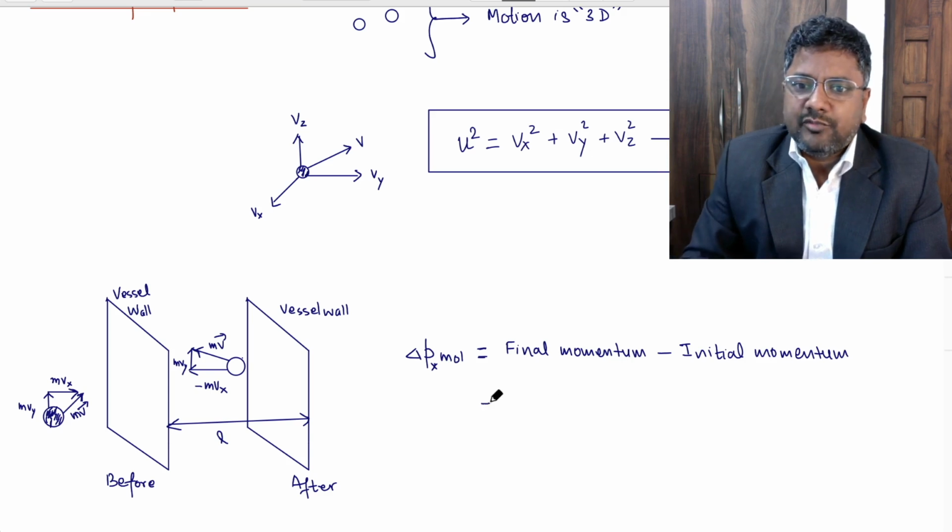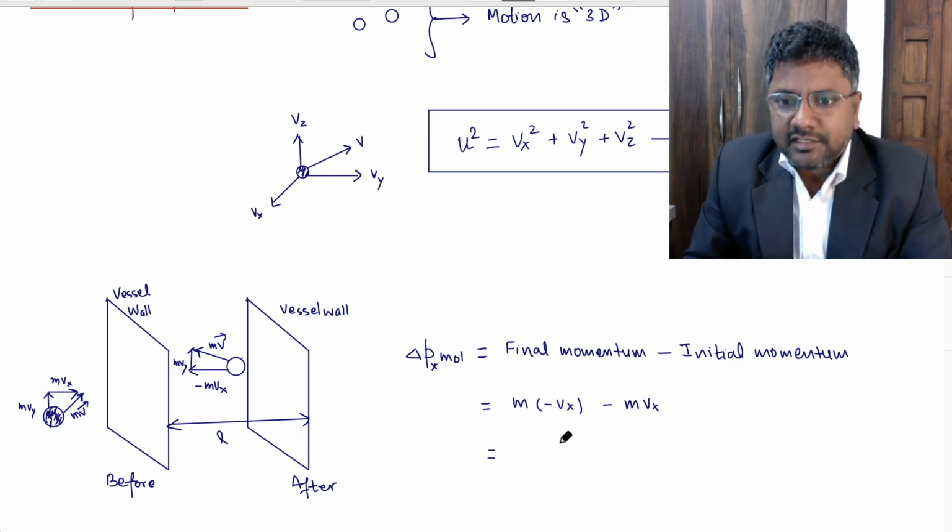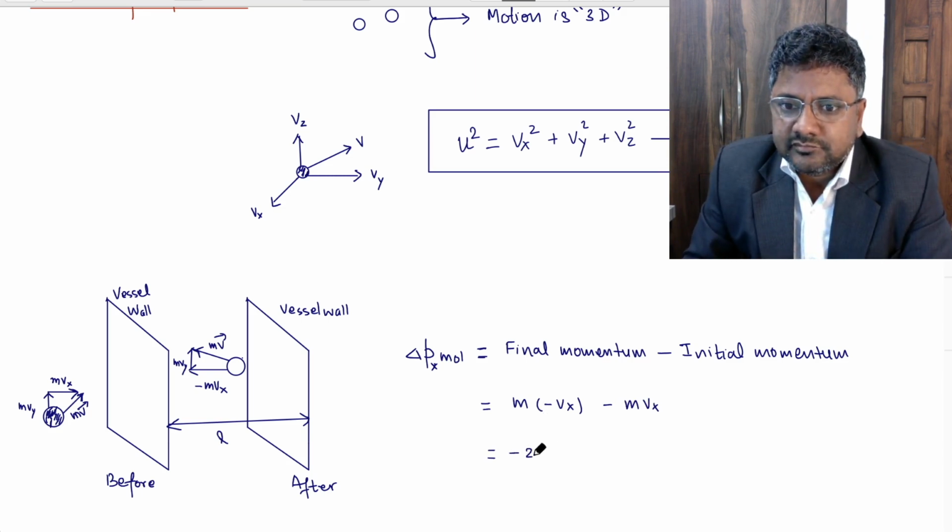The final momentum is m times minus Vx, minus mvx. So you can write this as minus 2mvx.